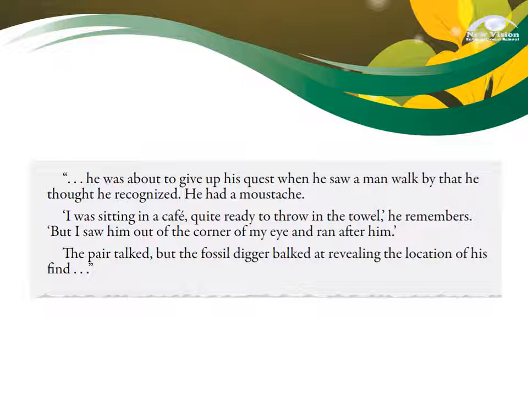He was about to give up his quest when he saw a man walk by that he thought he recognized. He had a mustache. I was sitting in a cafe, quite ready to throw in the towel, he remembers, but I saw him out of the corner of my eye and ran after him. The pair talked, but the fossil digger balked at revealing the location of his find.